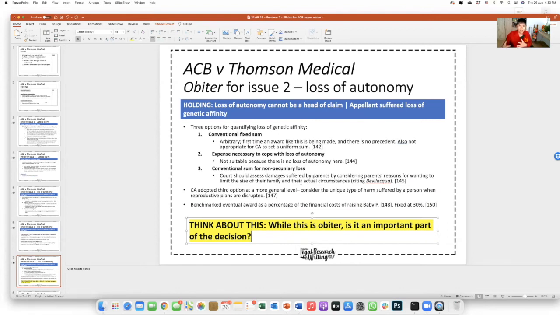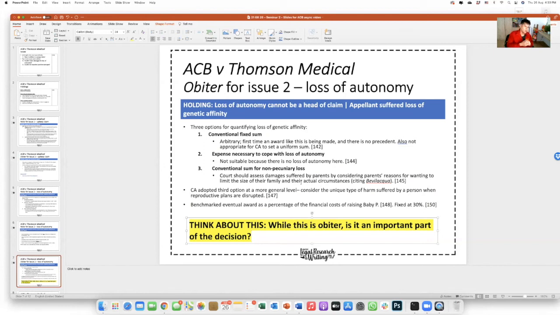If I were a future litigant wanting to make a claim against a defendant for this exact kind of situation, I would then refer to this obiter to say, look, I know that method 1 and method 2 have been rejected by the court, and if I want to quantify the kind of damages that I've lost, I would immediately turn to method 3. Okay, so while not ratio, this part about quantification remains an important part of the decision.